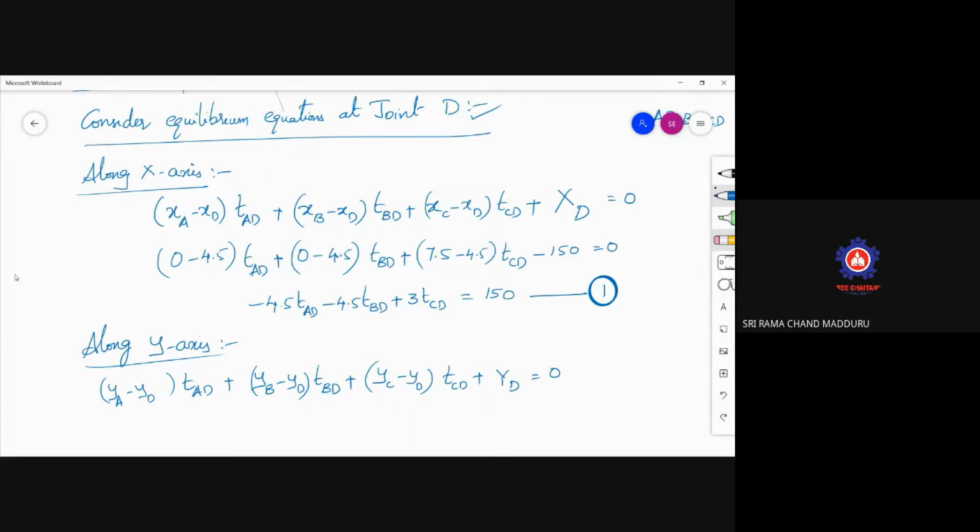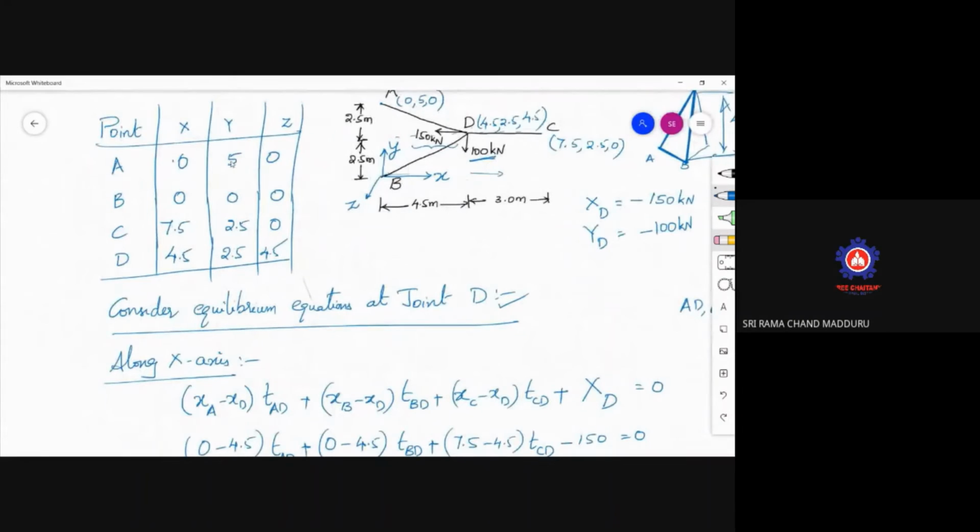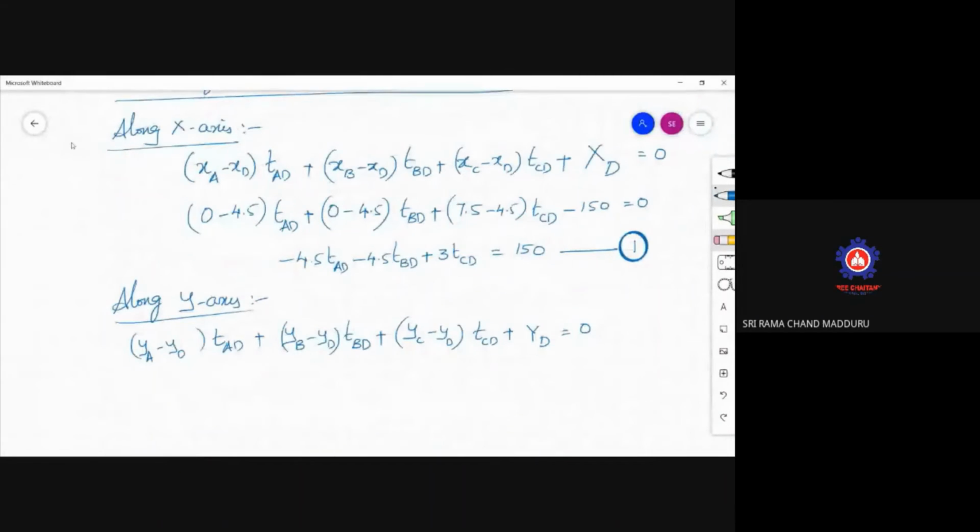What are the coordinates of YA? 5 minus 2.5 into TAD, 0 minus 2.5 into TBD, plus YC minus YD.